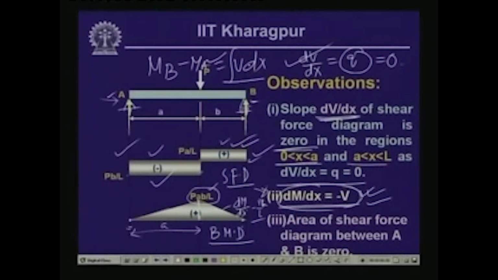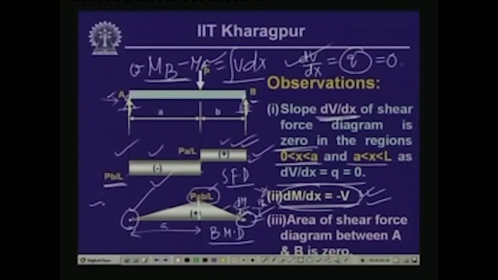Now, if we choose these 2 points B and A, then the difference in the bending moment values between these two ends is 0, because the bending moment here is 0 and the bending moment here is equal to 0. So, MB minus MA is equal to 0 between these 2 points. Now, let us look into the shear force diagram between these 2 points. Here this is Pb/L, which is negative, multiplied by a.